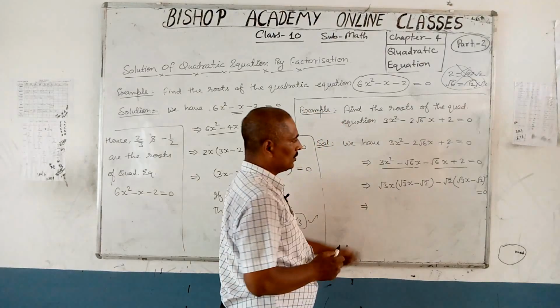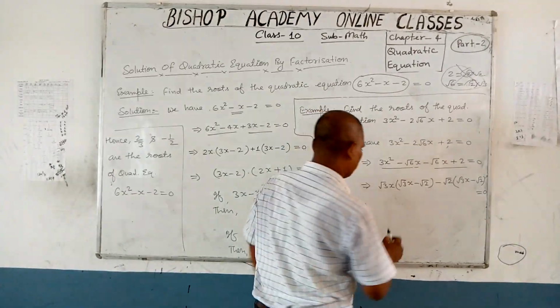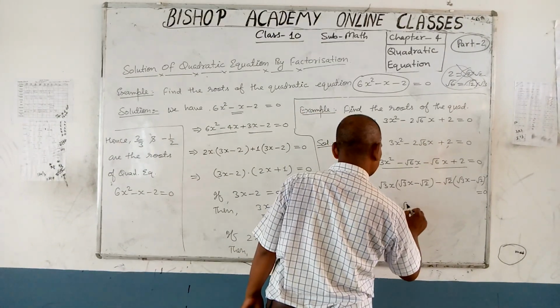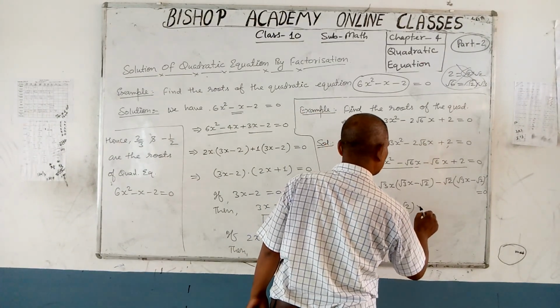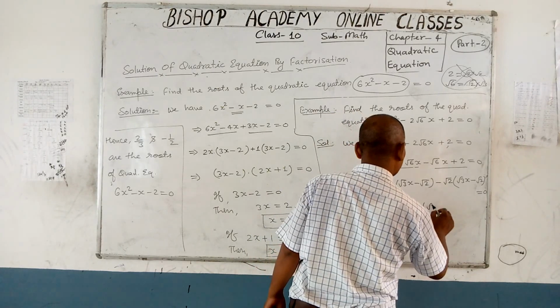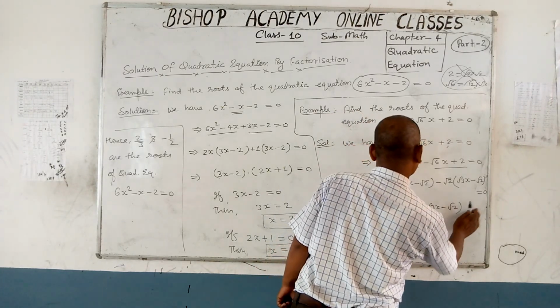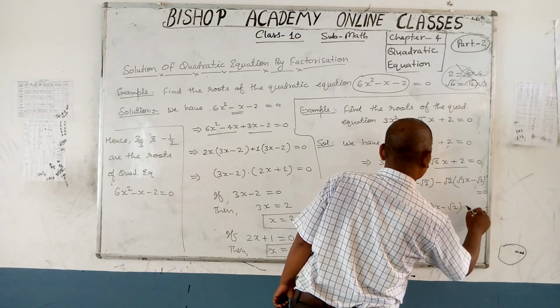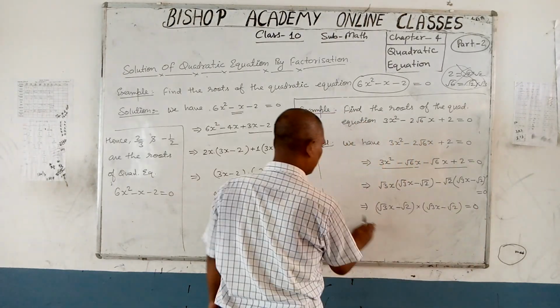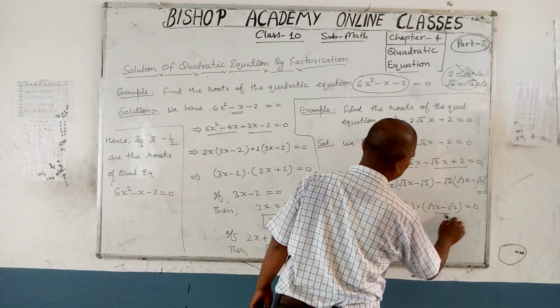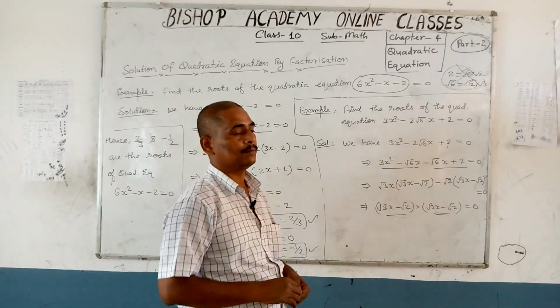Now one more time you will factorize this step and get under root 3x minus under root 2 into under root 3x minus under root 2 is equal to 0. You can see that both factors are same.